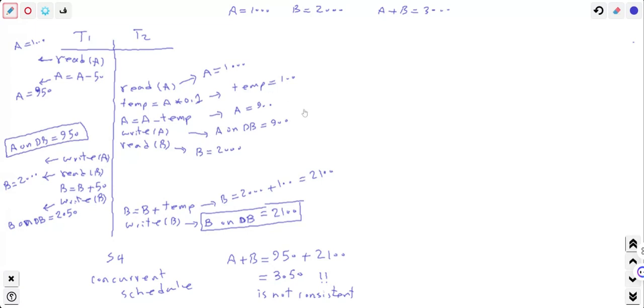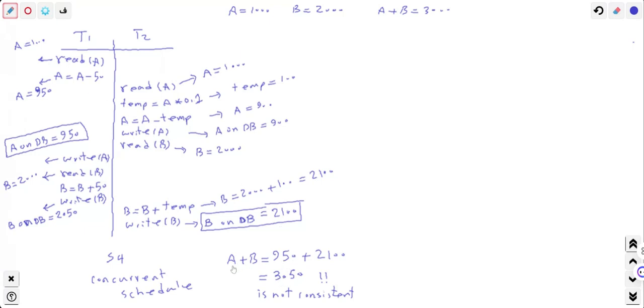Okay. So, Doctor, excuse me. Now, when we make the summation for A plus B, we choose 950 plus 2100. Why didn't we use the first one, I mean 950 plus 2050? Why do we choose 2100?